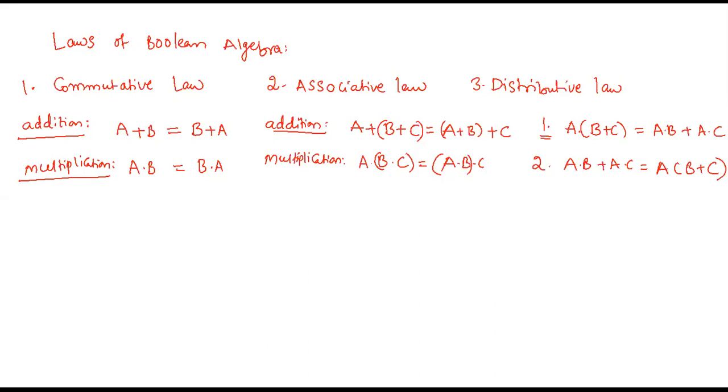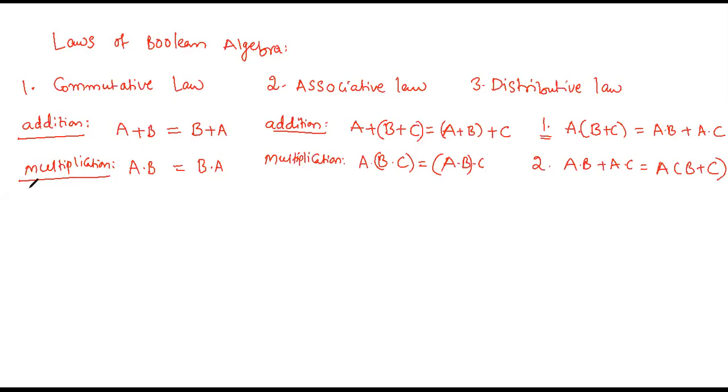These are the 3 laws. Distributive law 1, you can distribute like this, and second law will explain about taking common. Here AB, then you can take A common, the result does not change.